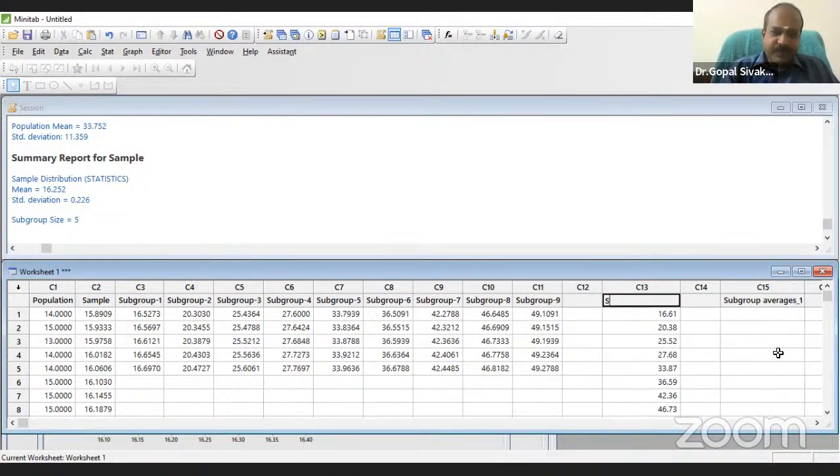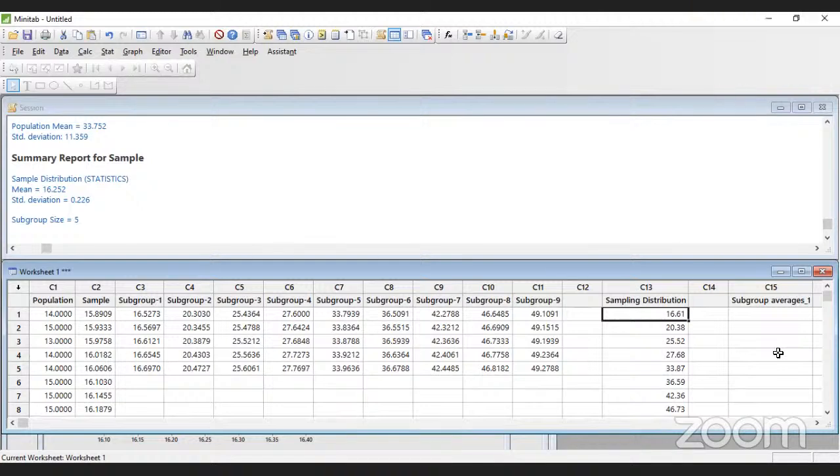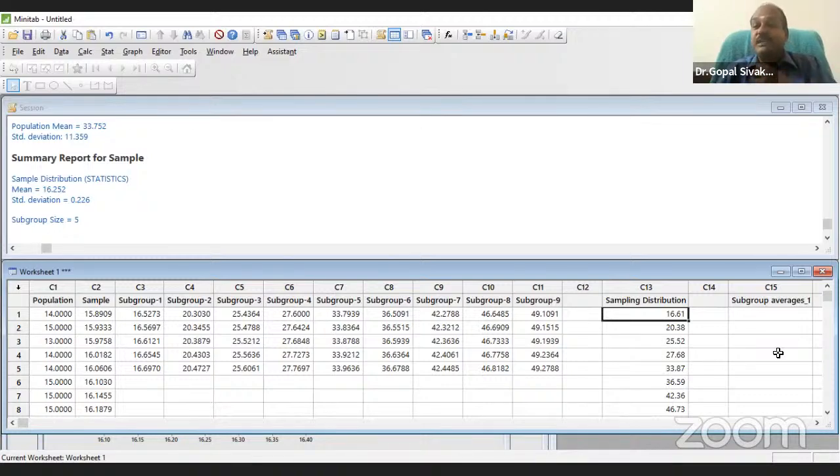And now the distribution of the subgroup averages is called the sampling distribution. What is it called? Sampling distribution.